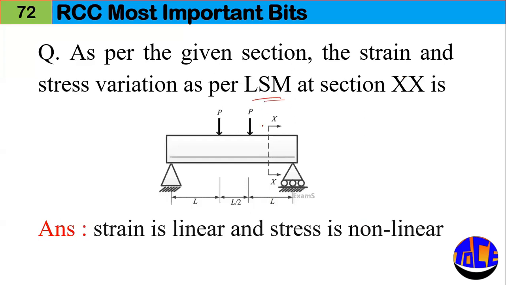In limit state method, the assumption is that strain will be linear, whereas the stress diagram has a rectangular and parabolic portion up to the neutral axis, and below that a straight line. So the stress is non-linear and the strain is linear.